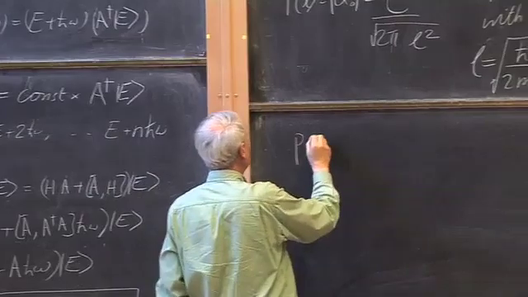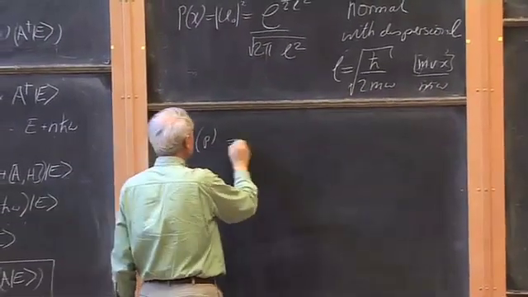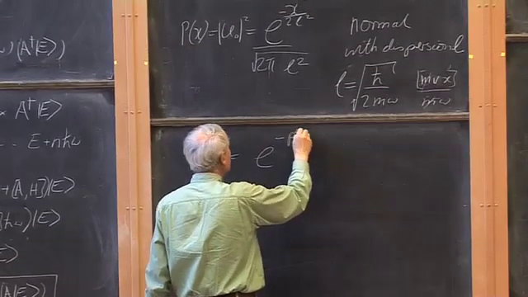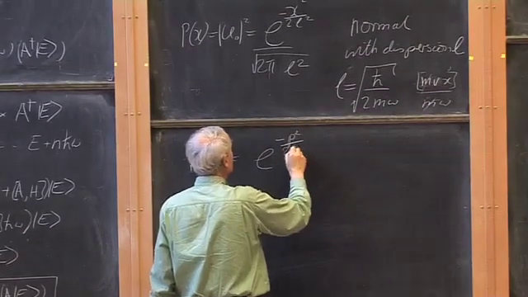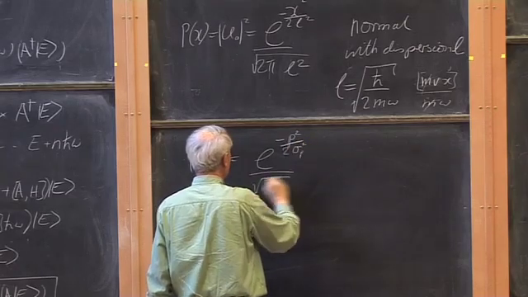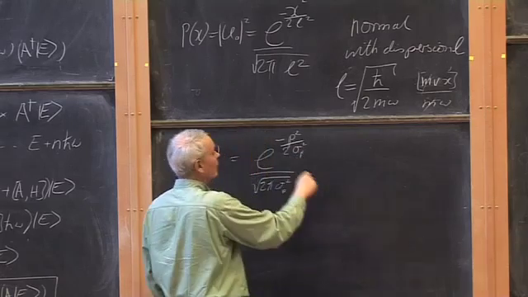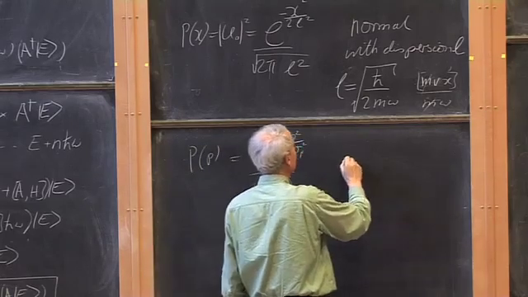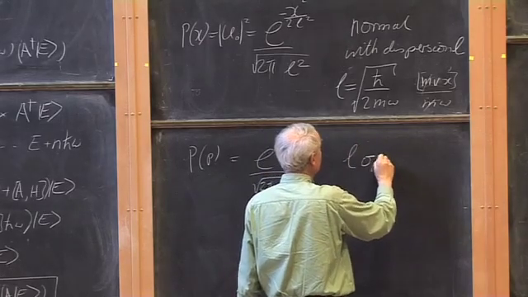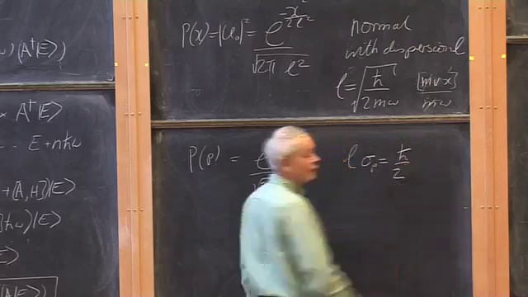From what we did before, the probability of the momentum will also be a Gaussian. It'll be e to the minus p squared over 2 sigma p squared, over some square root 2 pi sigma p squared. And remember, we had the uncertainty principle, which said that the dispersion in x times the dispersion in momentum is equal to h bar over 2 for the Gaussians.